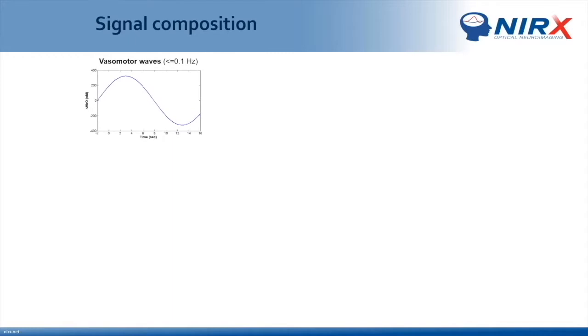Therefore, our fNIRS signal is composed of vasomotor or Mayer waves, which is the blood pressure component. Now, the frequency of these waves is around 0.1 hertz, which is very close to the hemodynamic response function. If you try to remove these components by band pass filtering, for example, there is a possibility that we might also remove some of our signal of interest.